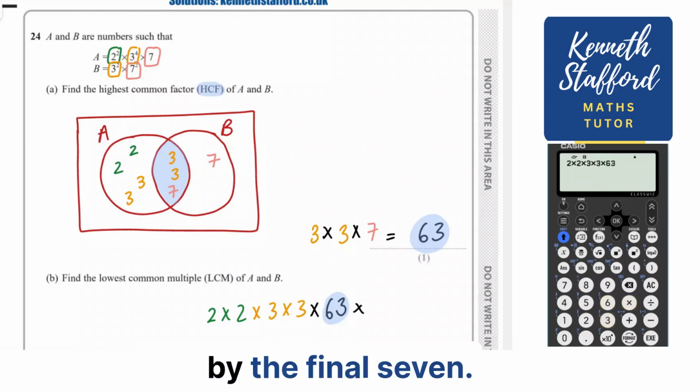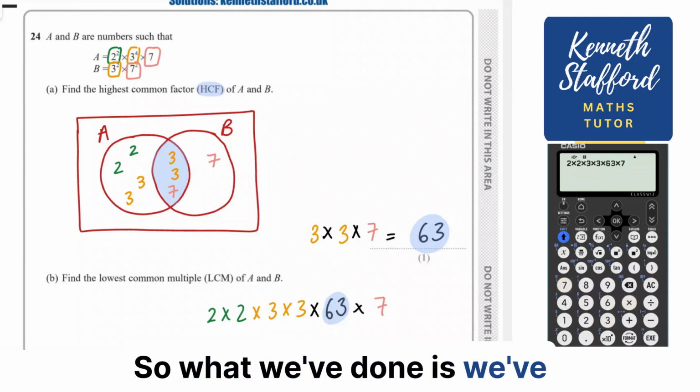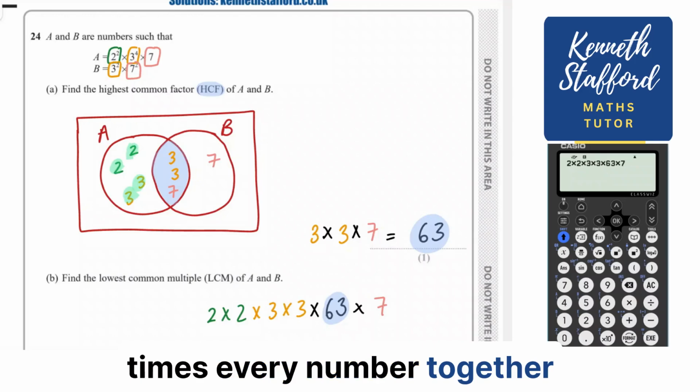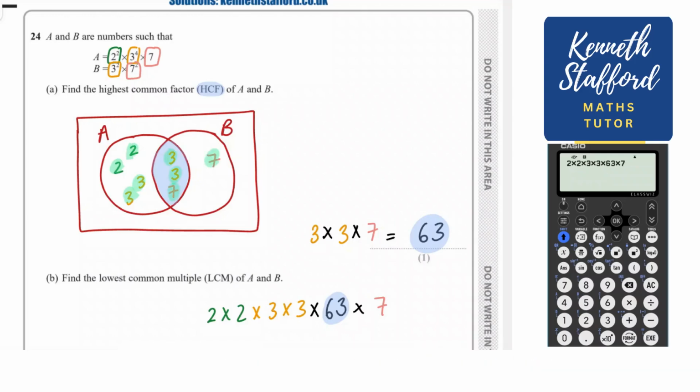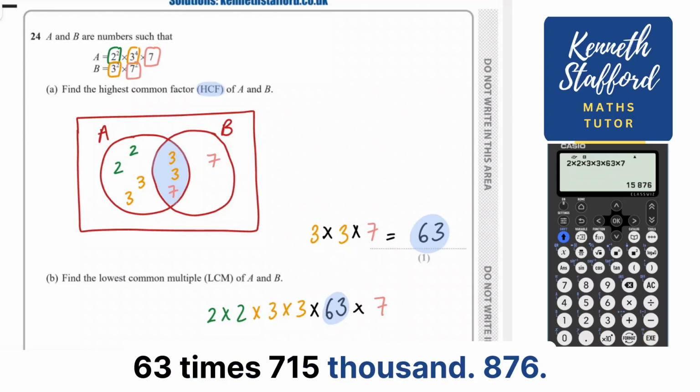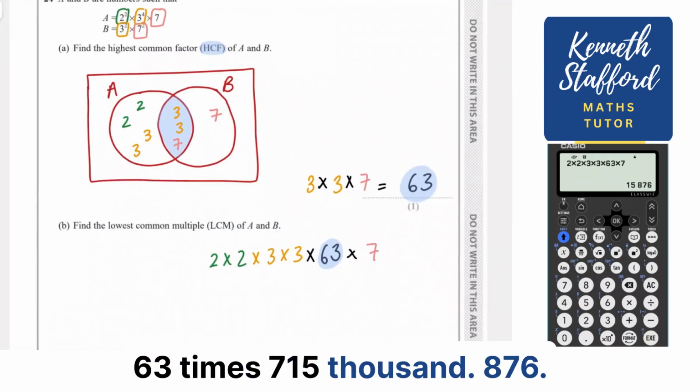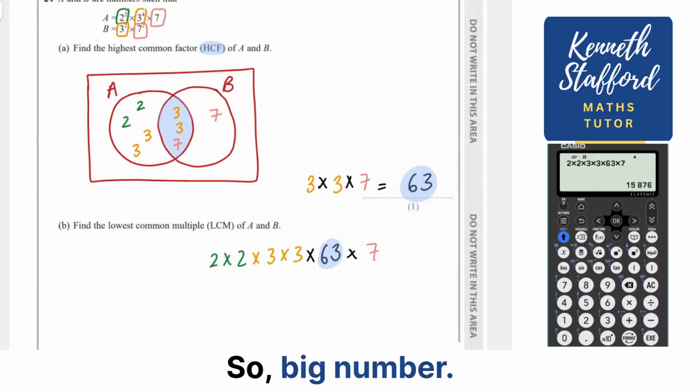And then we're going to times by the final 7. So what we've done is we've times every number together to get the lowest common multiple. And that is 63 times 7, 15,876. So big number.